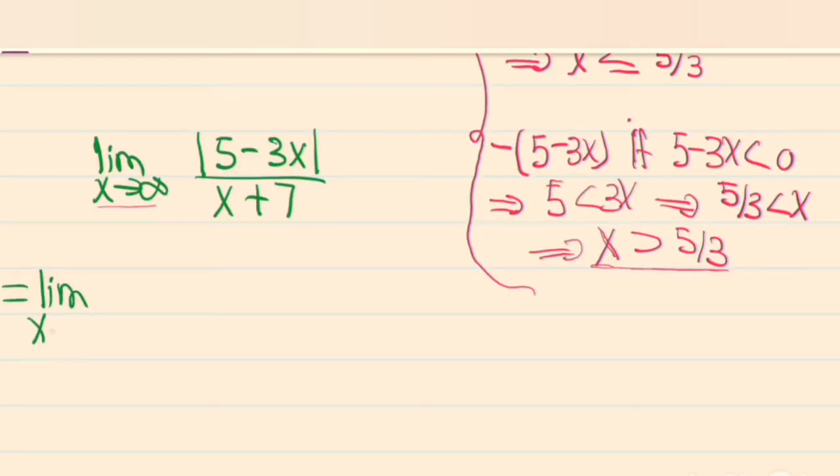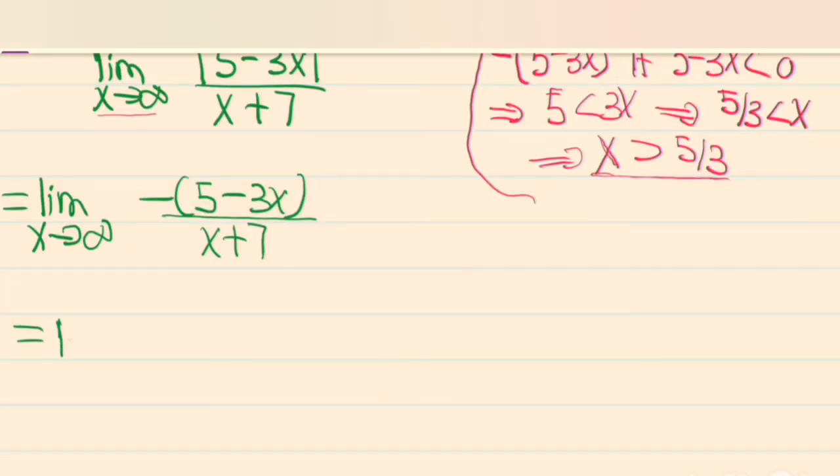So we now have the limit as x approaches infinity of minus 5 minus 3x all over x plus 7, which equals the limit as x approaches infinity. Here, the highest power in the denominator is x. So we divide each and every term by x.